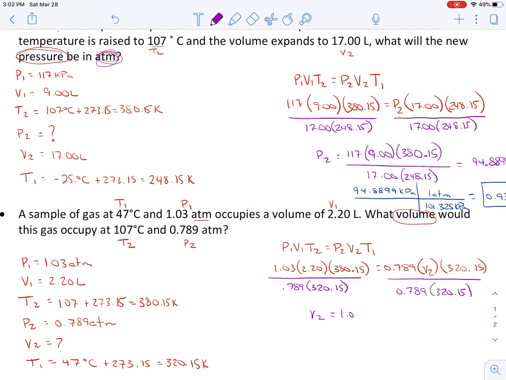We've got 1.03 times 2.20 times 380.15. And we're going to divide that by 0.789 and 320.15.